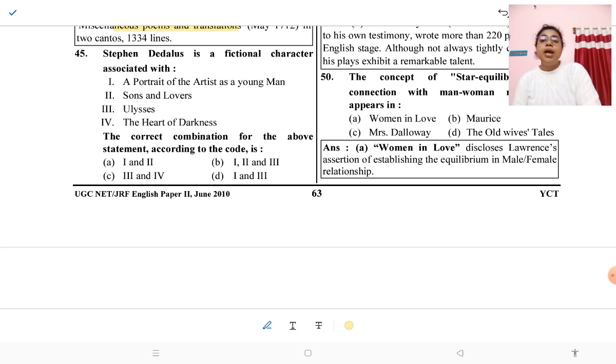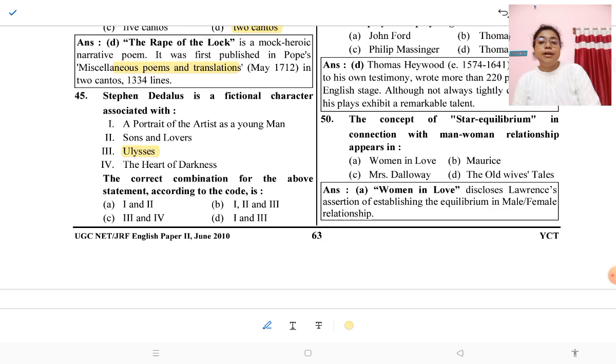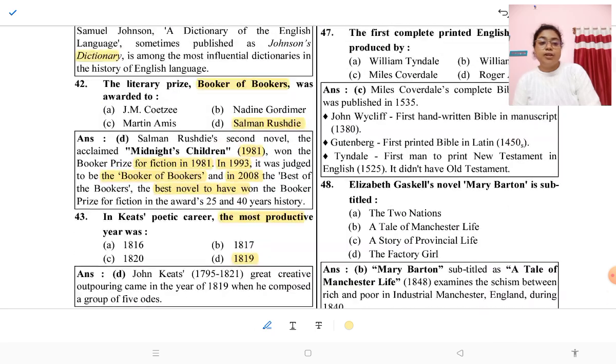34 lines. Then Stephen Dedalus is a fictional character associated with A Portrait of the Artist as a Young Man, and also Sons and Lovers and others, you know, by D.H. Lawrence, Sons and Lovers by D.H. Lawrence, and Heart of Darkness by Conrad. So in A Portrait of the Artist as a Young Man and in Ulysses the fictional character Stephen Dedalus was used.